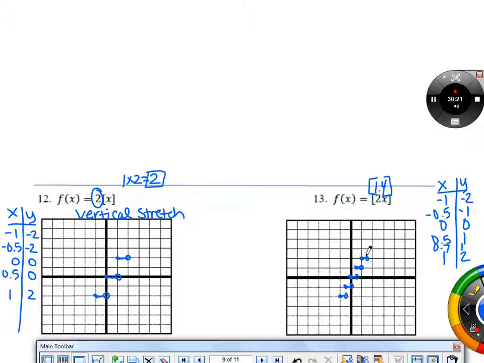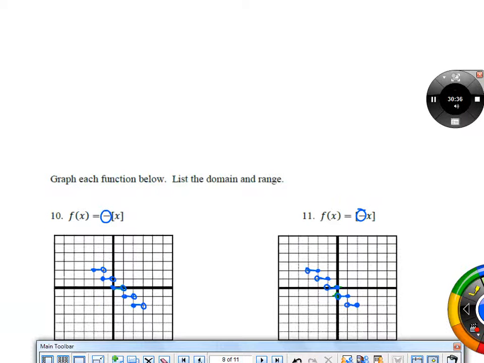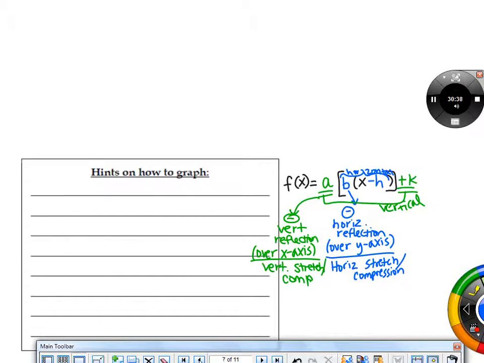So we said when a number was inside multiplying x, that it was going to do what? What did we say the b would do? So think back. Okay, we said that the b, if there's something in here multiplying x, it could do the reflection. We already talked about that. It also controls horizontal stretching or compressing.